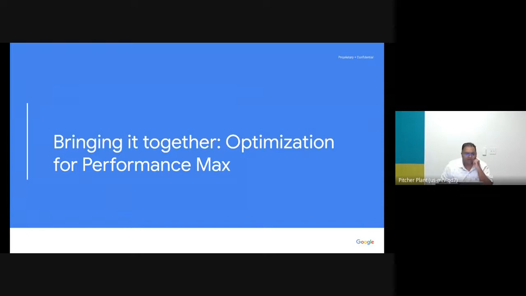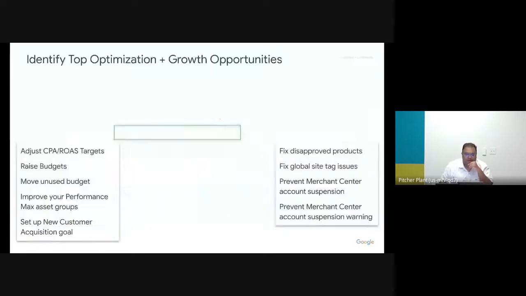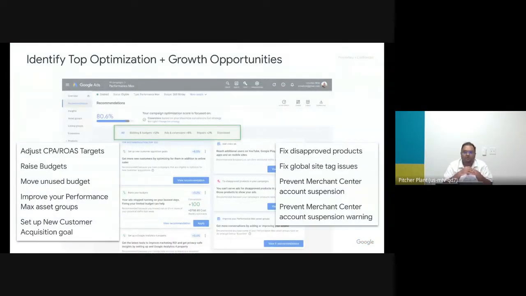So let's try and bring all of these different things together. First of all, we would like to share with you that Optimization Score for Performance Max was launched, I think, in late Q3. And just like Optimization Score for your existing channels, if you navigate to the Recommendations tab in your account, you'll see a number of different optimization and growth opportunities to help you prioritize what changes can have the most impact on your campaigns.